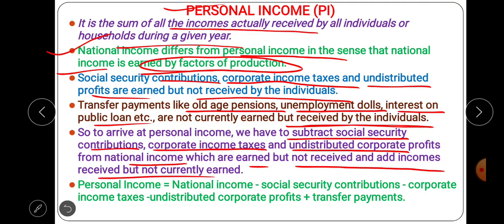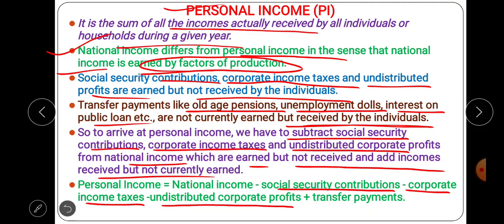Okay. That is why there is a formula to calculate the personal income, that is national income minus social securities contributions, minus corporate income taxes, minus undistributed corporate profits, plus transfer payments.